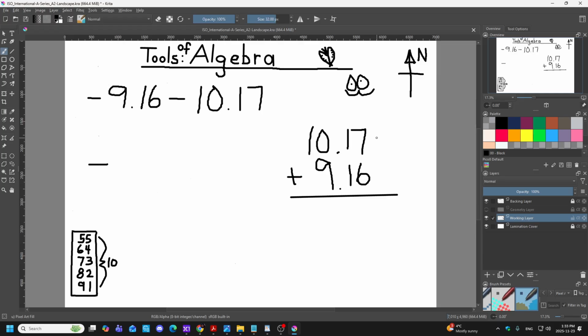I could just simply add these two numbers together. 7 and 6 is 13. Carry the 1. We have 3. Bring down the decimal. That is going to be 9 and 1. Final answer, 19.33.